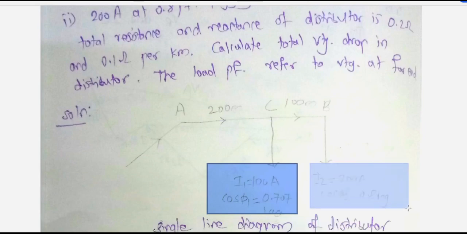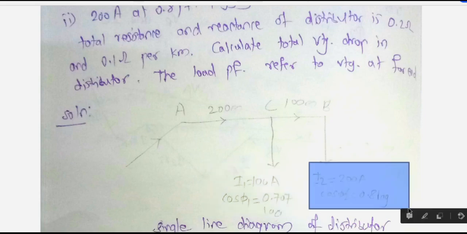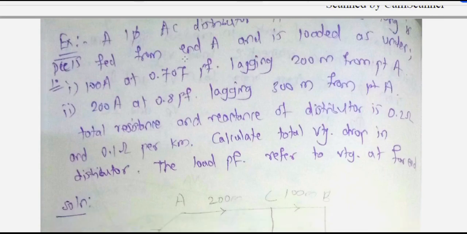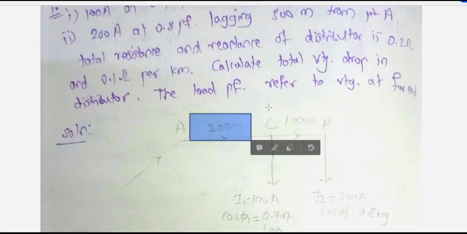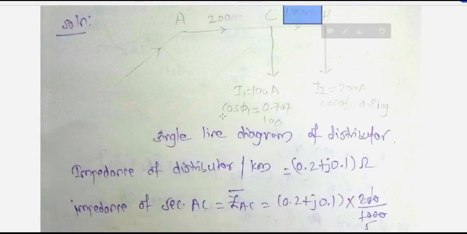I2 is equal to 200 ampere and it is lagging, cos phi 2 is equal to 0.8 power factor. The resistance and reactance is 0.2 ohm and 0.1 ohm per kilometer. So this is a 200 meter AC and this is a 100 meter CB. So this is the single line diagram.